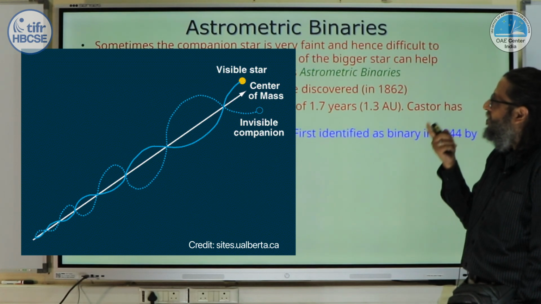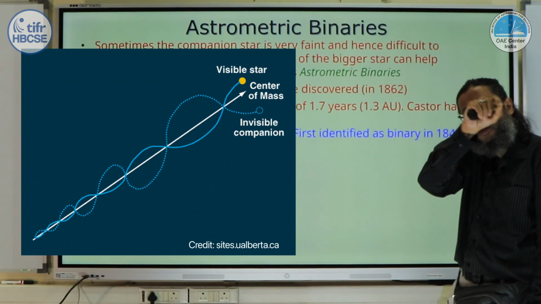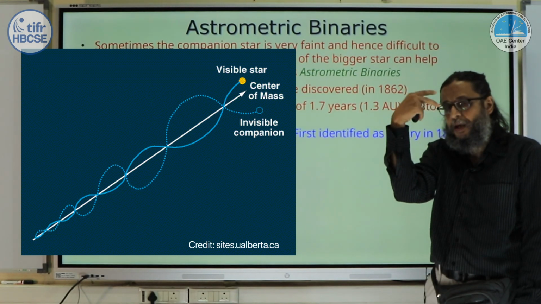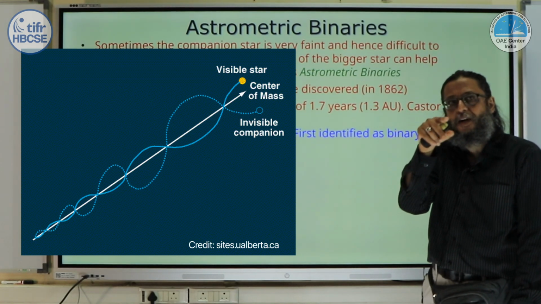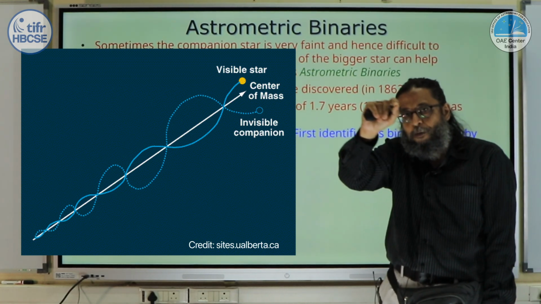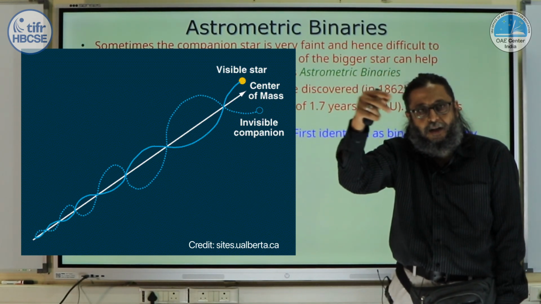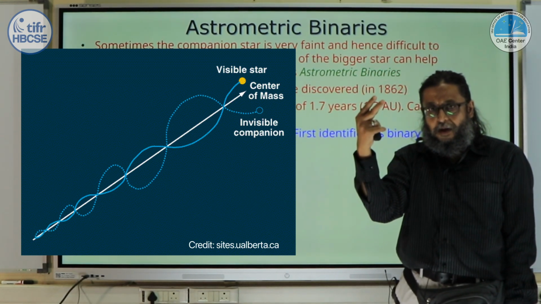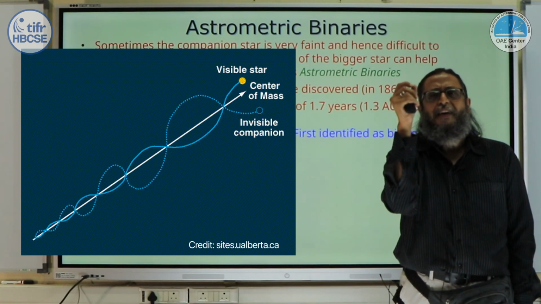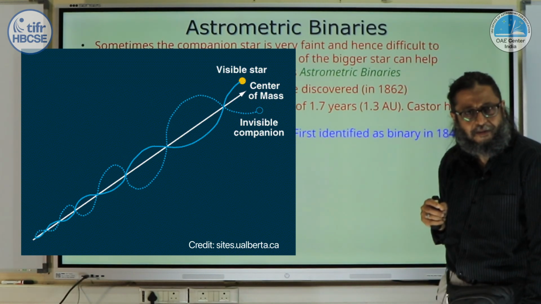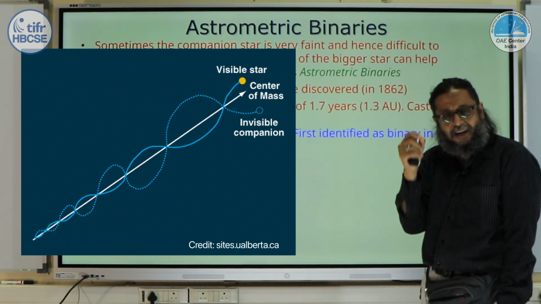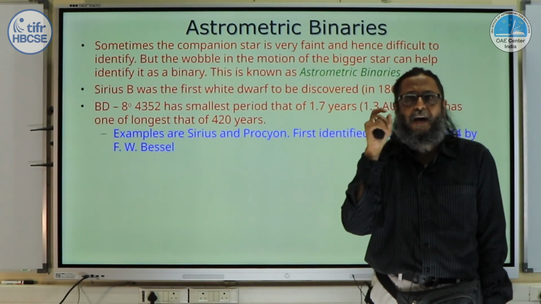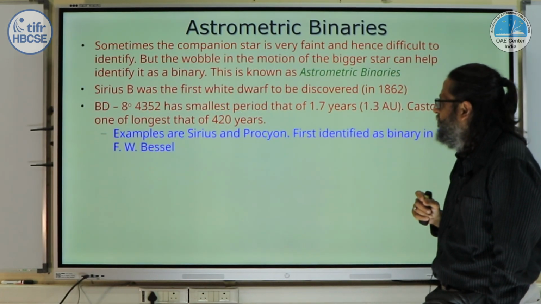So, these stars where you measure the location, the wobble or the rotation, maybe of both the stars or maybe of one star, and you follow the proper motion, and what you ultimately get is a combination of the two, that requires very precise astrometric measurements. And that is when we call these binary star systems as astrometric binaries.